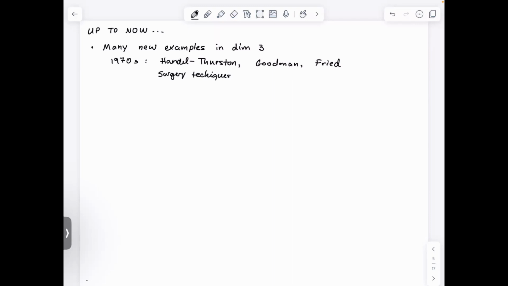You cut along, maybe you find an annulus transverse to the flow, cut your manifold along this annulus and re-glue it back together with a Dehn twist. So you change the topology of your manifold. You still have a flow on it because you know orbits to orbits, and then you have to work very hard to show that it keeps this Anosov property.